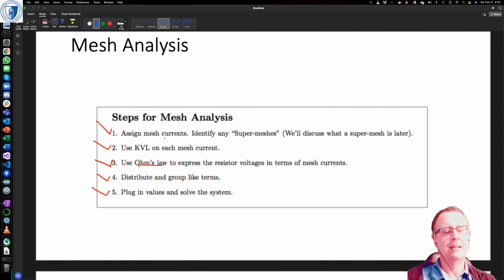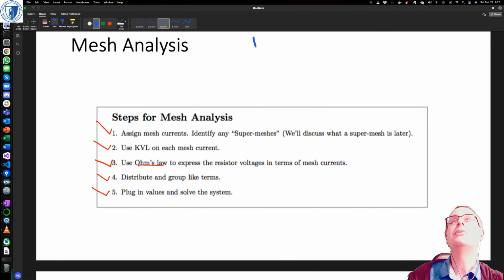A loop is a closed path through the circuit that doesn't go back on itself. Okay, so a mesh is a very special sort of loop. Let me just write those down. So the new one was branch, and this is really just a circuit element.